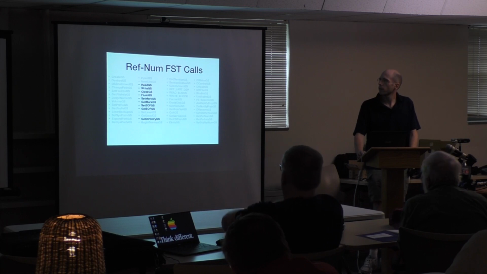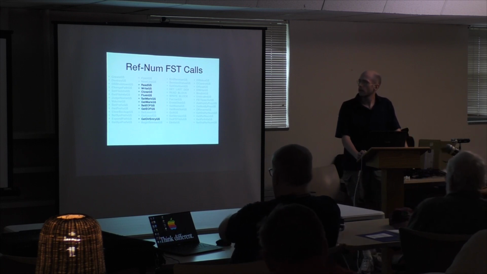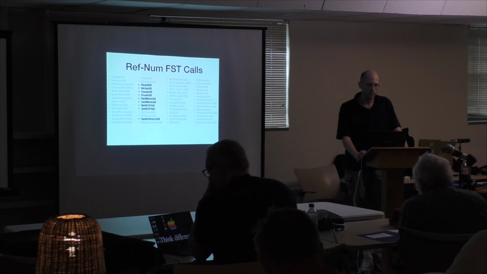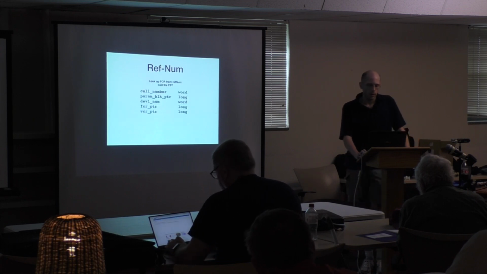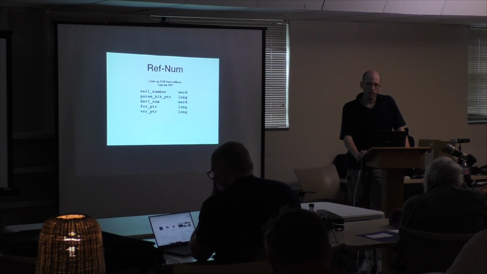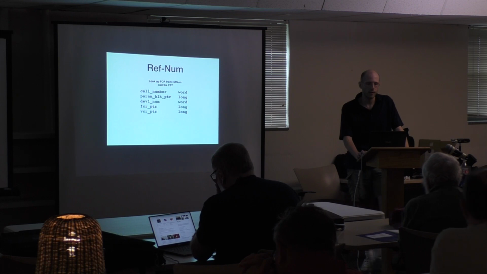So for reference number file system translator calls, these are calls made after the file has been opened. There are a handful of them as well. So the strategy here: GS/OS will look up the file control record from the reference number, take the reference number, convert it to a file control record, then call the associated file system translator for it.